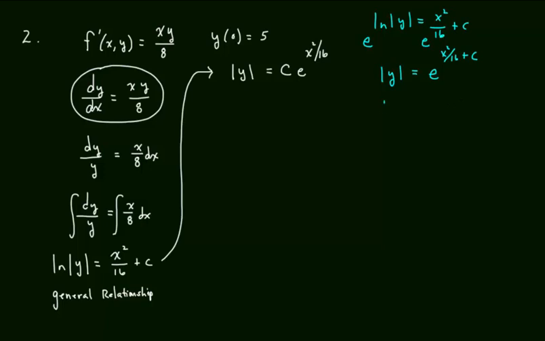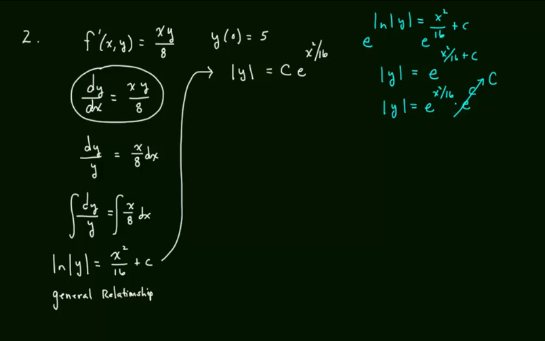And if you see here, then the absolute value of y, I can write this as e to the x squared over 16 times e to the c, properties of exponents. And then e to the c is just some other constant c. And that's why I then bring that constant out front.